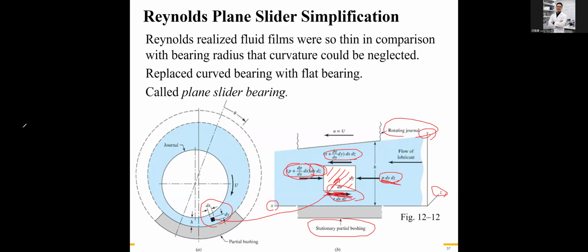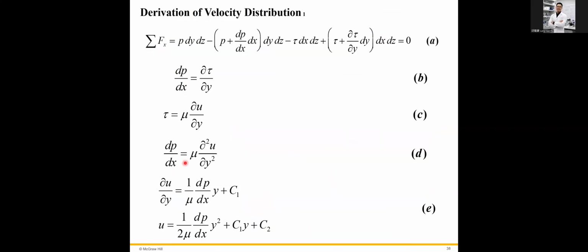Therefore we can work on the force equilibrium, sigma Fx equals 0. Sigma Fx, the shear on top and bottom, equals 0. Any questions on that?